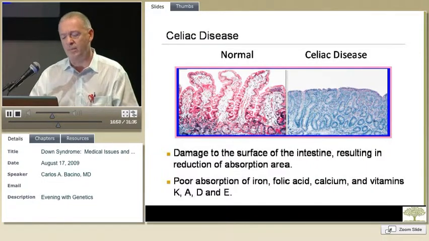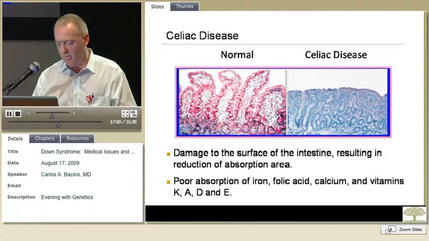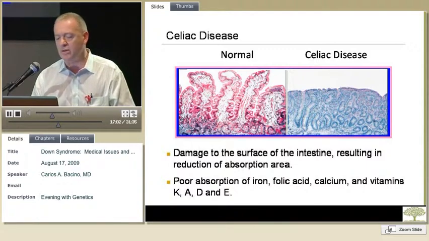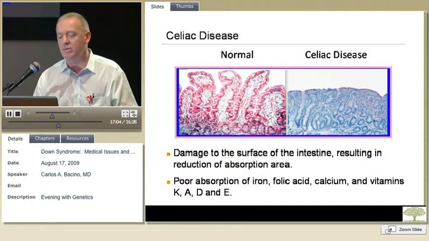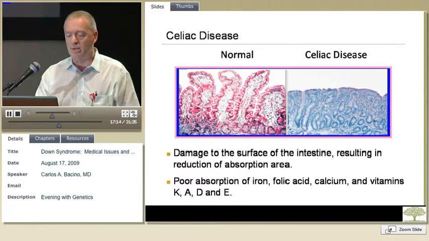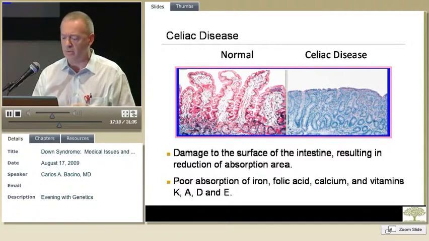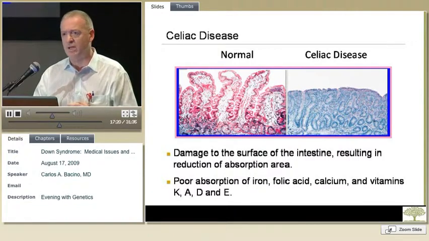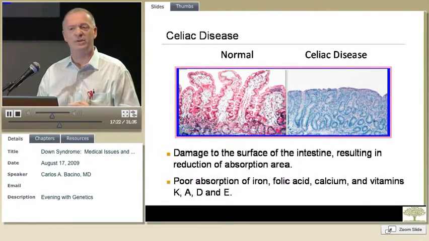When you get a situation like celiac disease, all of these protrusions or fingers are pretty much gone. So you end up with a lot less surface to work with, and that can result in a number of problems and vitamin deficiencies: calcium, folic acid, and iron.